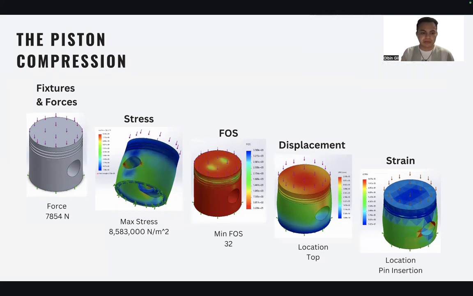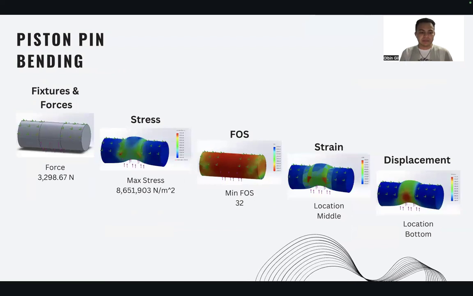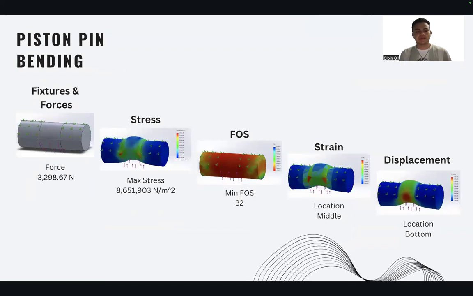On the next part, we see that the piston pin experiences a grated force of 3,298 newtons, and now the stress is concentrated in the middle, where it sees about 8 million pascals, and the same factor of safety 32. And a lot of the strain also happens in the middle, whereas the displacement happens in the middle, but in the lower part.